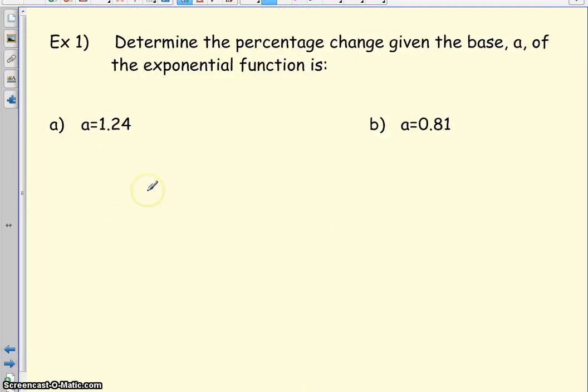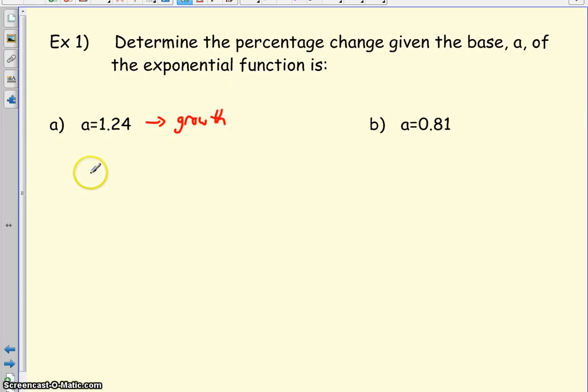So let's work a little bit with the base here. Determine the percentage change given the base. Let's say the base of the exponential function is 1.24. Already you know that if the base of your exponent is 1.24, this represents growth. But growth by how much?